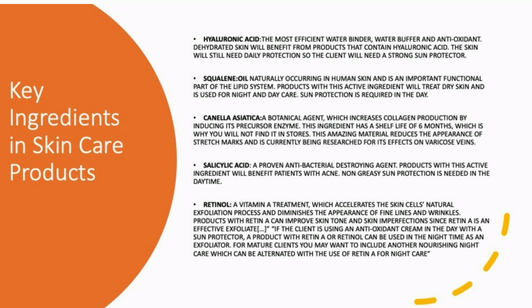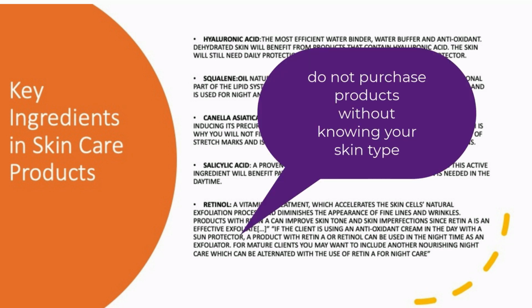I've listed the ingredients for your information so that you can begin to understand why we're making the claim you need to know your skin type first, then identify the key ingredients in a product which will improve your skin.